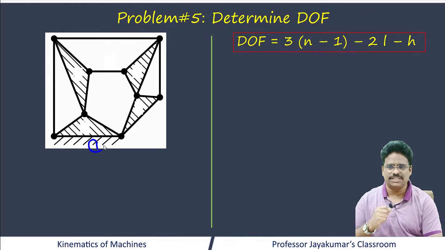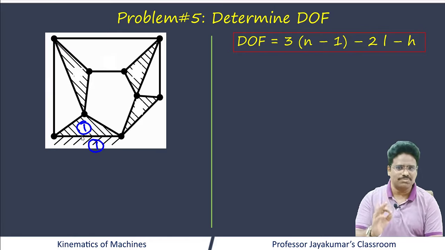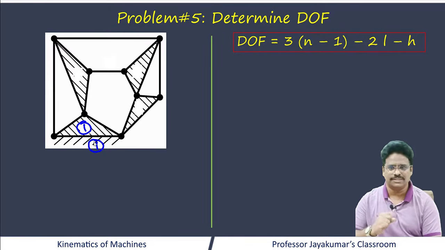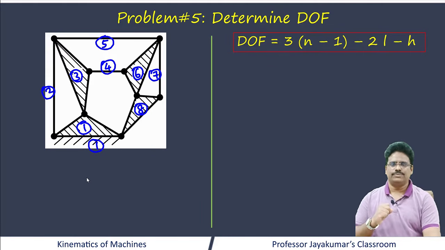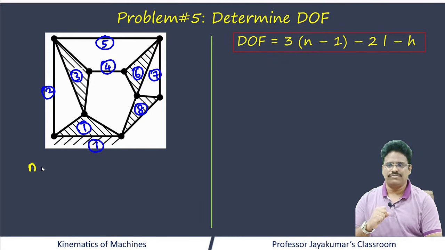Again, this is the fixed link. Can you call this ternary as link 2? No. In this problem, this ternary link itself is fixed, so it forms one link only. So we have the number of links as 8.